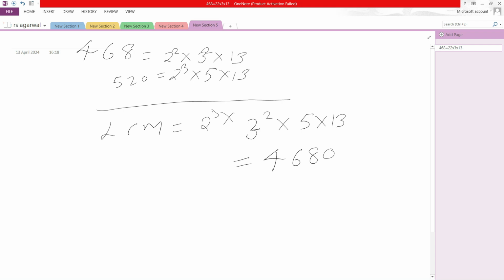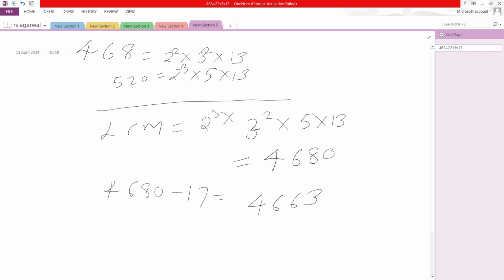Here the question is asking for the smallest number which when increased by 17 is divisible, so we have to decrease this number by 17. 4680 minus 17 is 4663. So this is the answer.